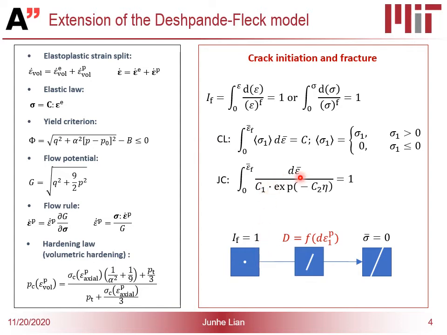When these are met, the element will not be deleted. Instead, it will go to a stage to accumulate damage. Only when the damage reaches a critical value, which will be a parameter for us to calibrate again, will this lead to the final fracture of the battery.